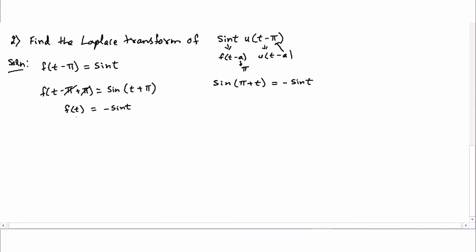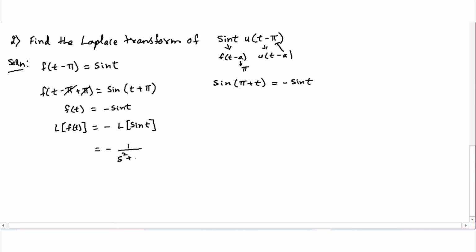So once we have got f of t value, then I need to find out the Laplace transform. So apply the Laplace transform on both sides, which will be equal to minus, the sign I can take outside. So I have Laplace transform of sine of t, which is nothing but minus sine t. Laplace transform will be, a value in this case is 1, by s square plus a square.